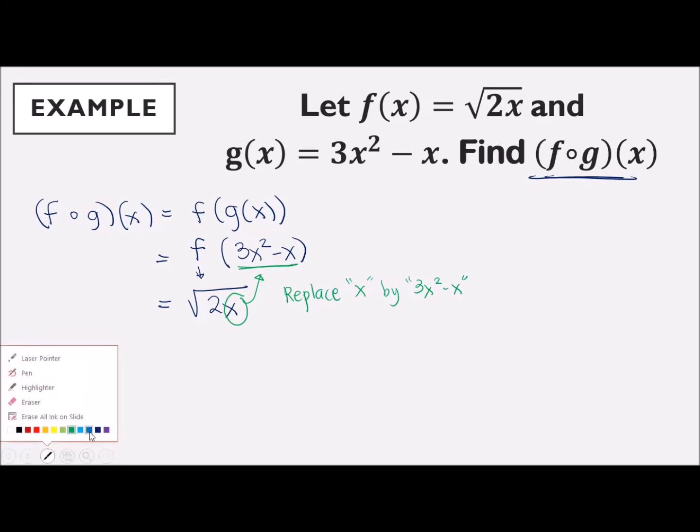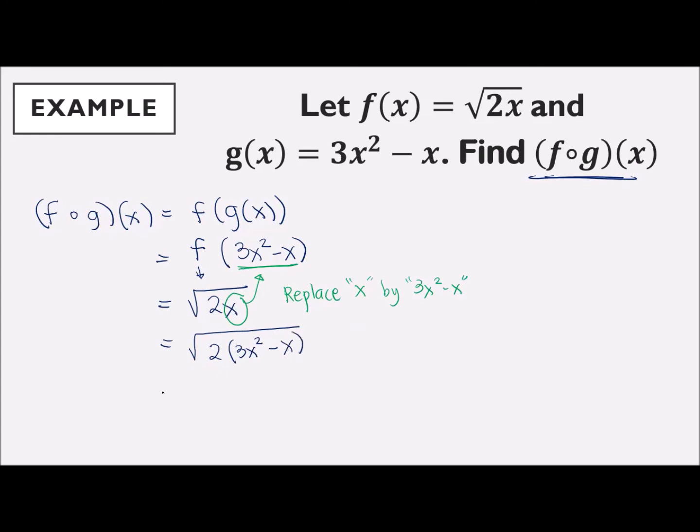Okay? So, substitute na natin or yung replace square root of 2 times 3x squared minus x. Then, simplify lang natin kung kaya pang masimplify. Kung hindi na, hanggang dyan na lang.